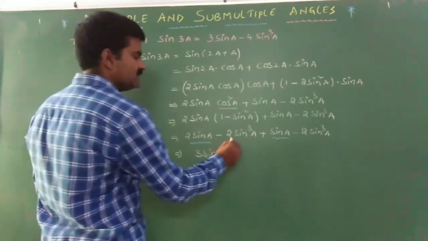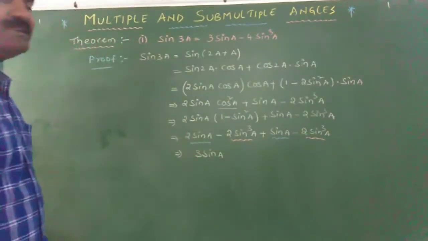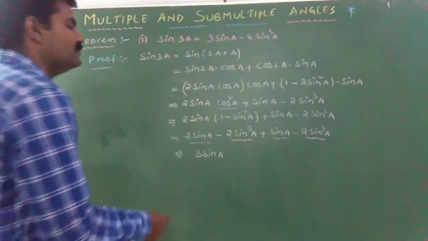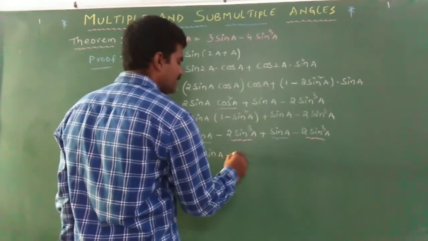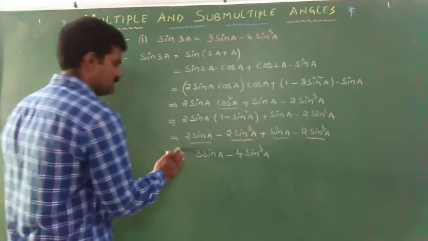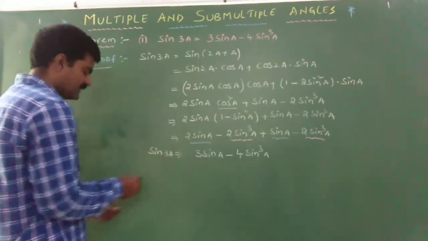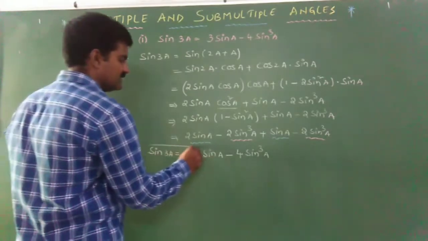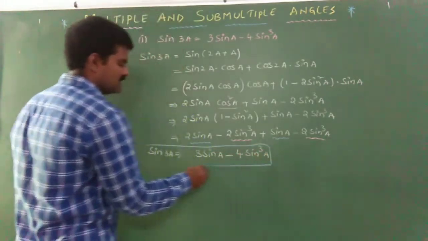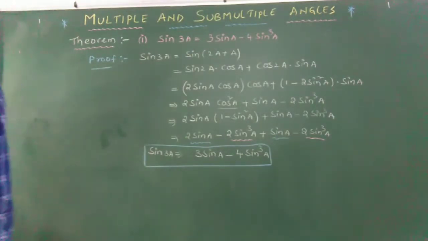And these two are same, like terms: minus 2 sin cube a minus 2 sin cube a, so together we can write it as minus 4 sin cube a. Actually this is nothing but the formula of sin 3a, isn't it? So therefore sin 3a is equals to 3 sin a minus 4 sin cube a.